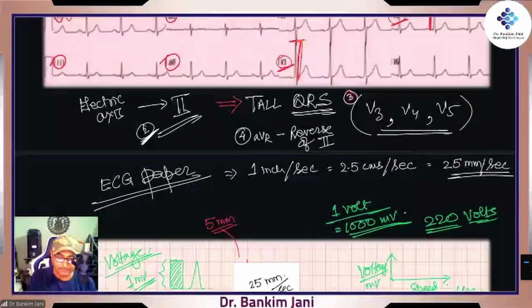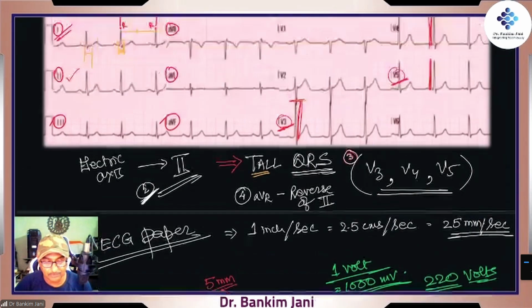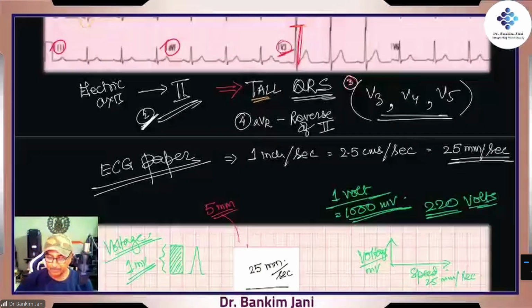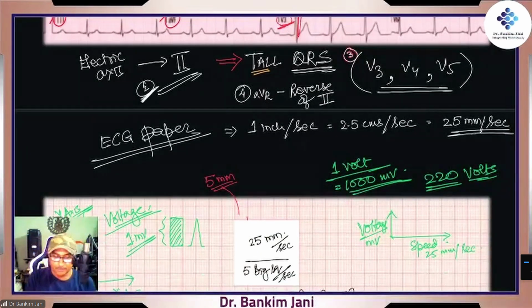As the electrical axis is towards lead 2, there will be a tall QRS complex, correct? Tall QRS complex, and that is what we see over here. See the QRS complex, it is pretty tall as compared to lead 1 or lead 3. So that is the second point.